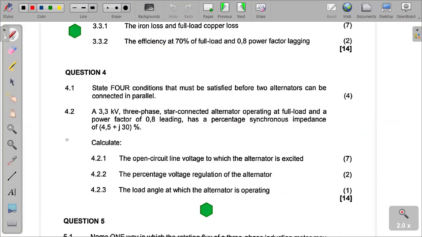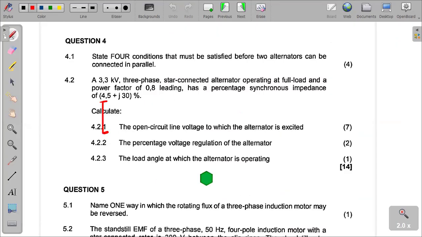So we need to know the per unit resistance from that synchronous impedance. Remember this is our resistance and of course inductance, so inductive reactance. Considering 4.5, making it our per unit resistance, it's going to be divided by 100, which is 0.045, right?